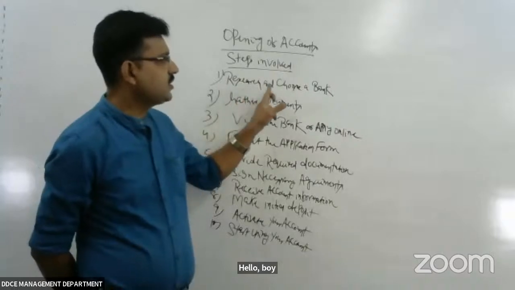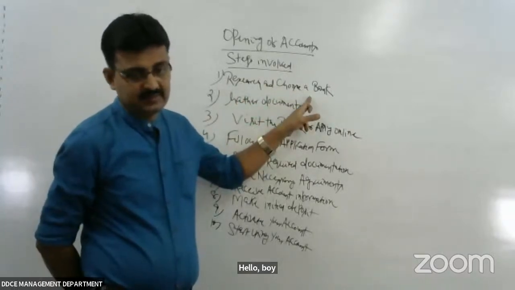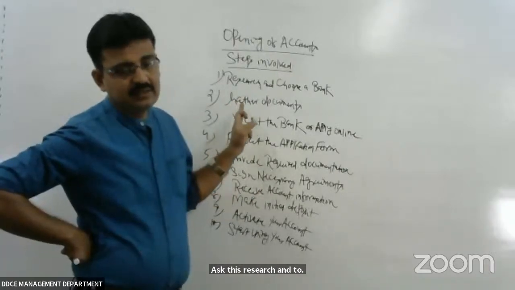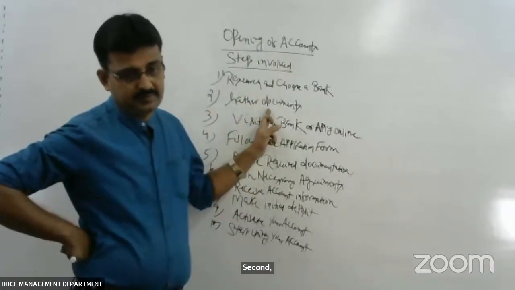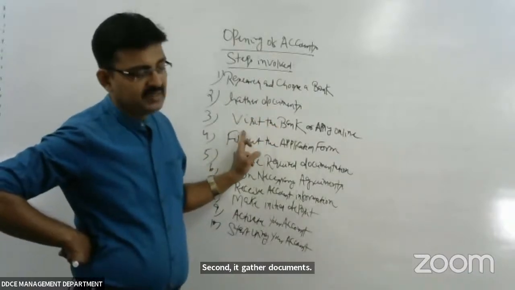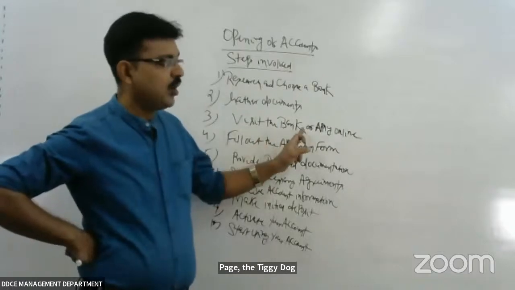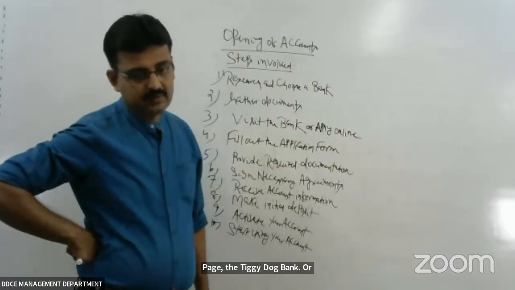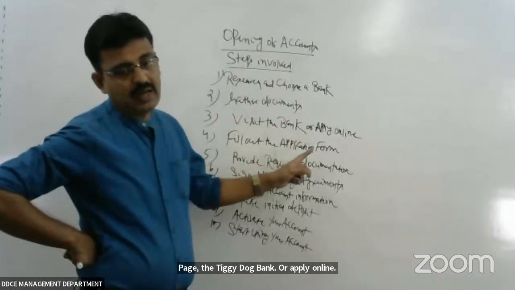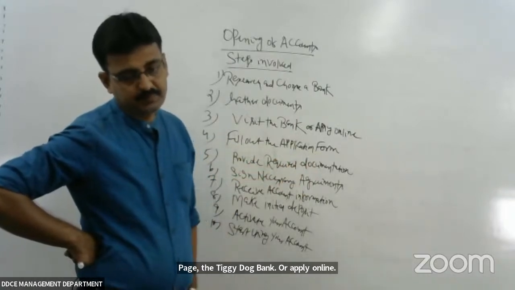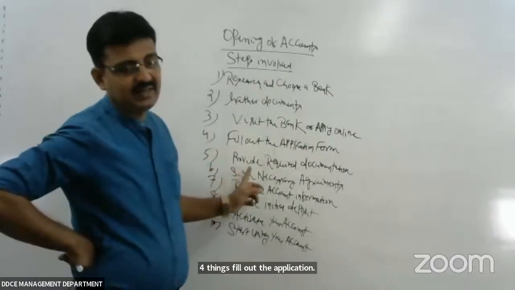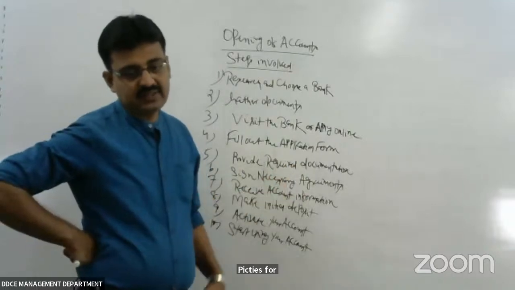First is research and choose a bank. Second is gather documents. Third is visit the bank or apply online. Fourth is fill out the application form. Fifth is provide required documentation.